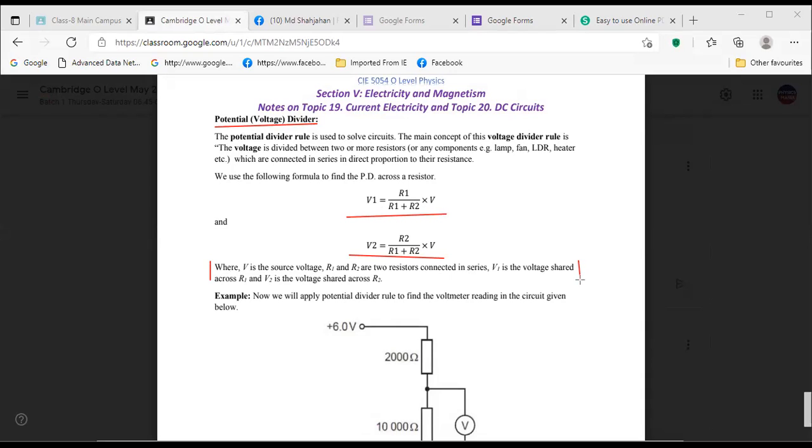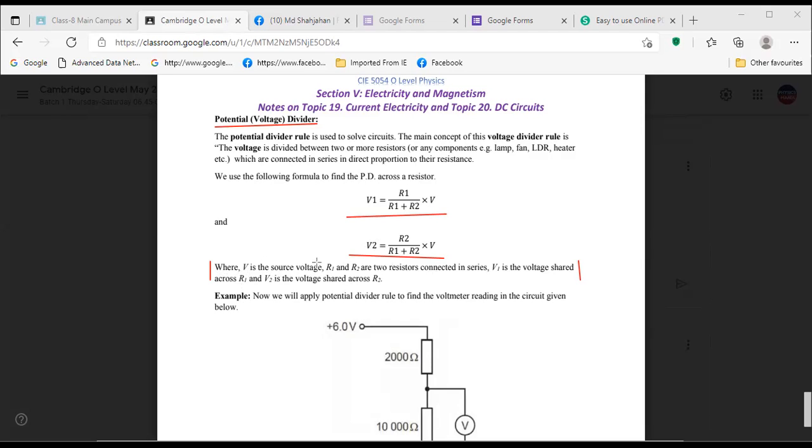Yes, sir. Here you see, you got disconnected. You read till here, and after that we have two formulas, and here is the explanation. What is what?